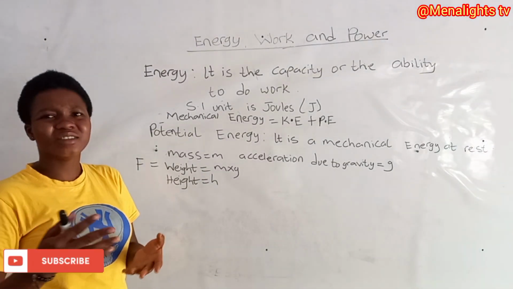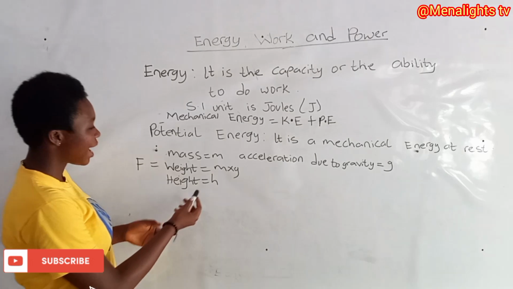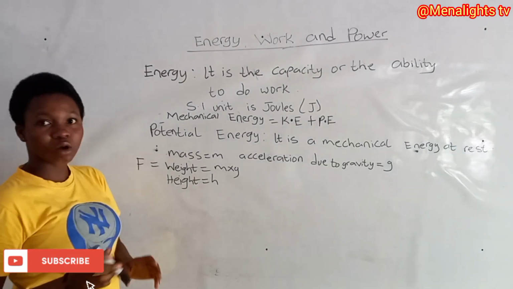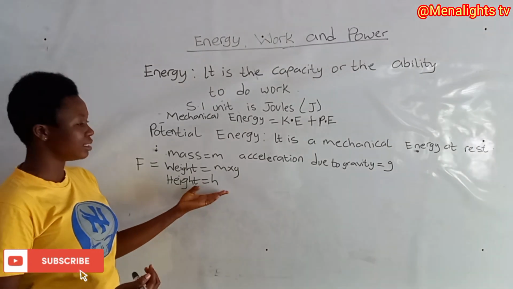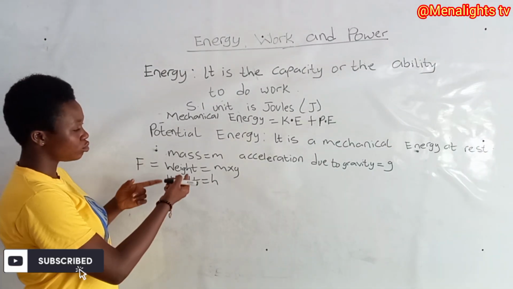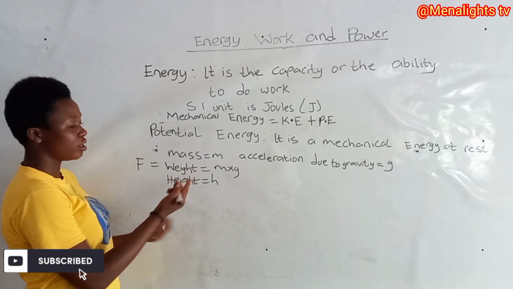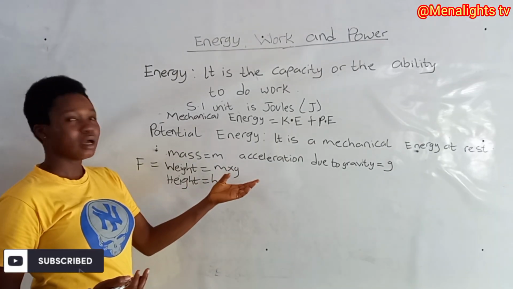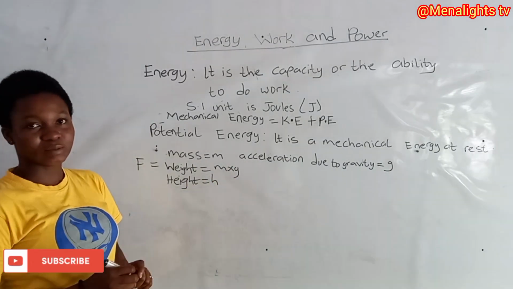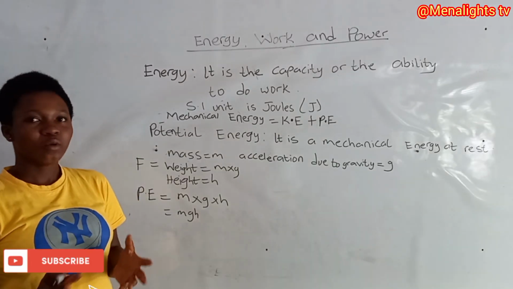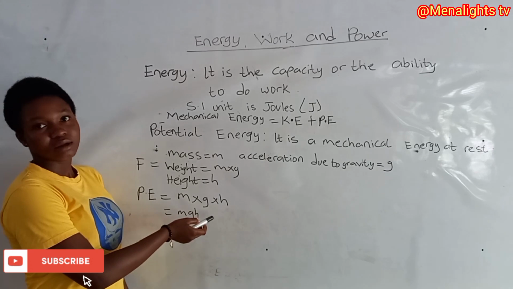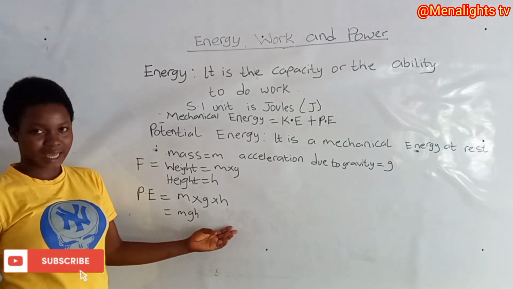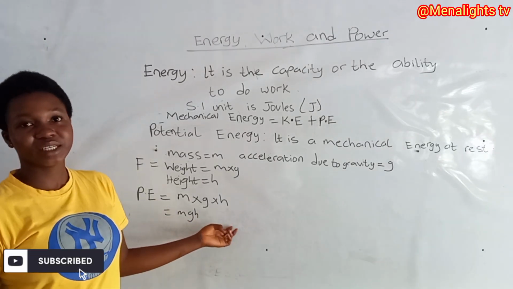The work done in raising a body to a height h is equal to force times distance. Here the distance is h, and the force is the weight, which is mass times acceleration due to gravity. So the potential energy, which is equal to the work done, is equal to mgh, and the SI unit is joules.